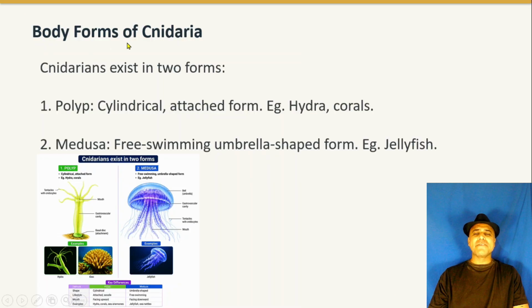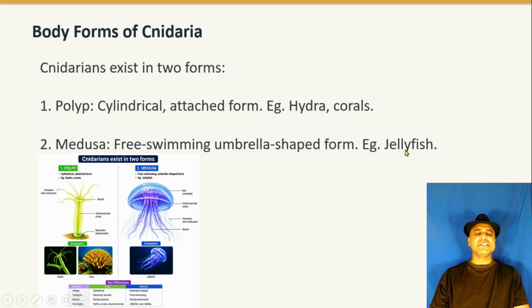Body forms of Cnidaria. Cnidarians exist in two forms: polyp, cylindrical, attached form, example hydra, corals, and second form is medusa. Medusa, free swimming, umbrella shaped form.